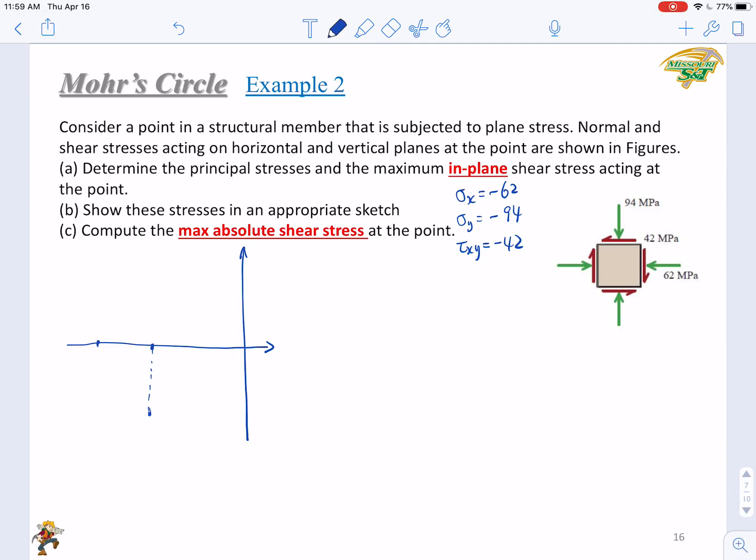And the second will be sigma y, negative tau xy: negative 94, positive 42. Then we will connect these two points and use it to draw a Mohr circle. You got the first Mohr circle.